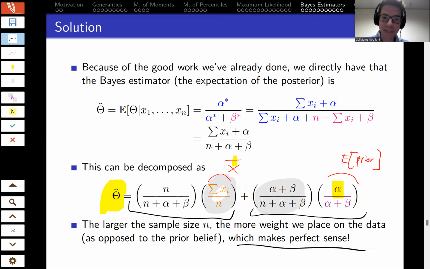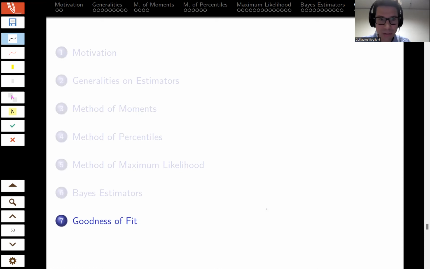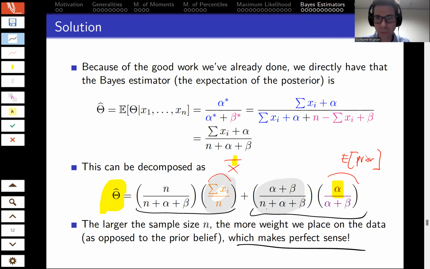So it makes perfect sense that we have a weighted average that gives more weight to the data if the sample is large, more weight to the prior if the sample is small. Hopefully that makes a bit of sense, and I think that's the end of the Bayes estimator.